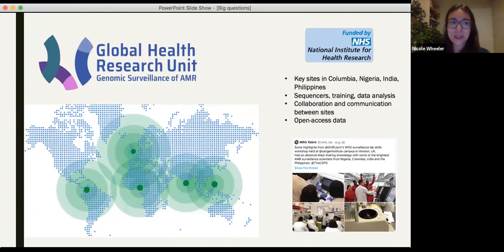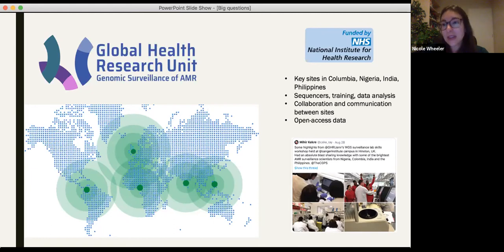Something that I was involved in at the Sanger is called the Global Health Research Unit for Genomic Surveillance of AMR. This was an investment from the UK in setting up infrastructure and training in Colombia, Nigeria, India, and the Philippines. So this was an investment in some bigger, beefier sequencing equipment and capacity in other countries, so that we can get a better idea of what's going on with antimicrobial resistance around the world.